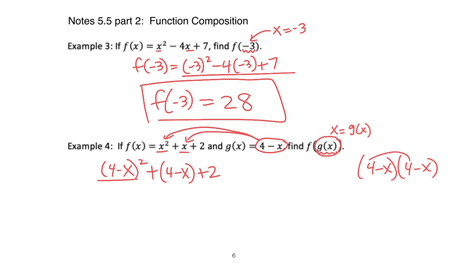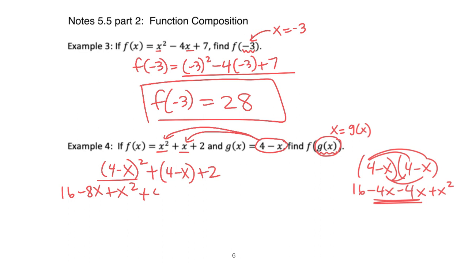4 times 4, 16. 4 times a negative x, negative 4x. Negative x times 4, negative 4x. And negative x times negative x is a positive x squared. So we can put these together. So let's write that over there. So we got 16 minus 8x plus x squared plus a 4 minus x.